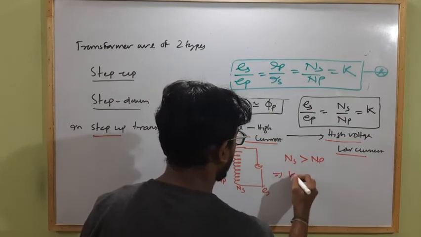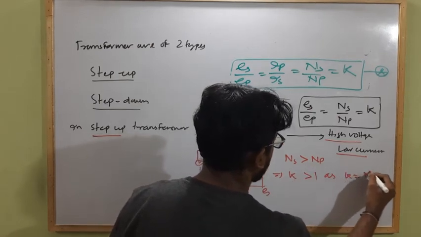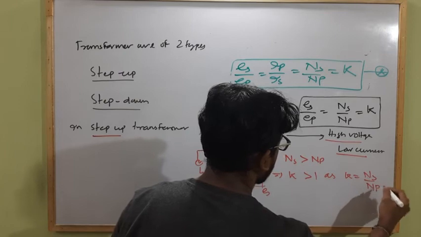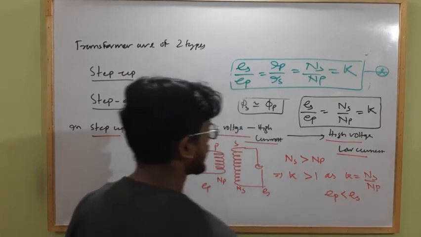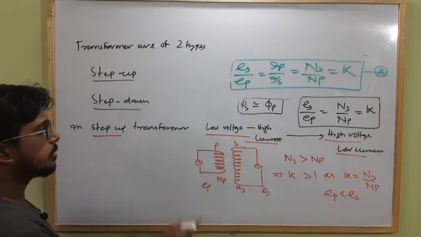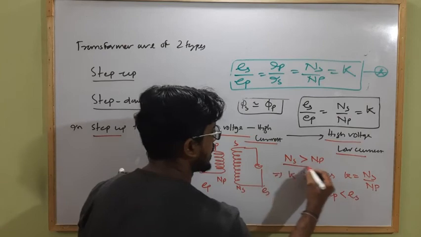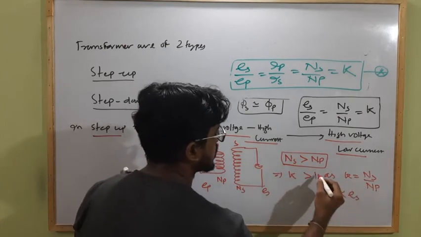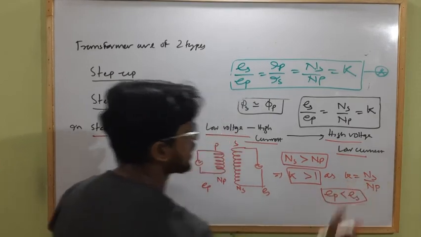So this implies what is the value of K? K is greater than 1 as K equals NS by NP. So here EP is less than ES. Clear? So for a step up transformer, the number of turns in the primary is less than the number of turns in the secondary, due to which the transformer ratio is greater than 1 and the primary voltage is less than the secondary voltage.